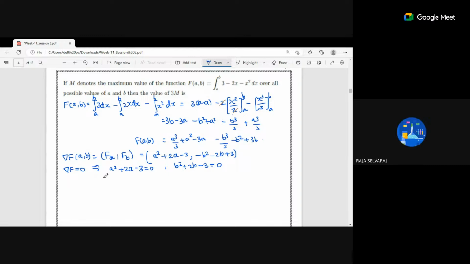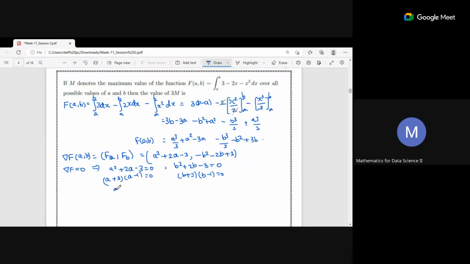What are all the possible factors? a is equal to minus 3 and 1. So a plus 3 and a minus 1 is 0, and here b plus 3 and b minus 1 is 0.